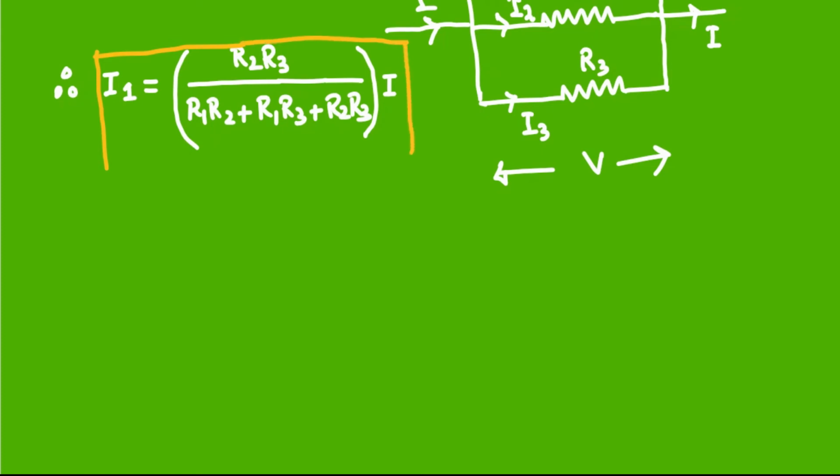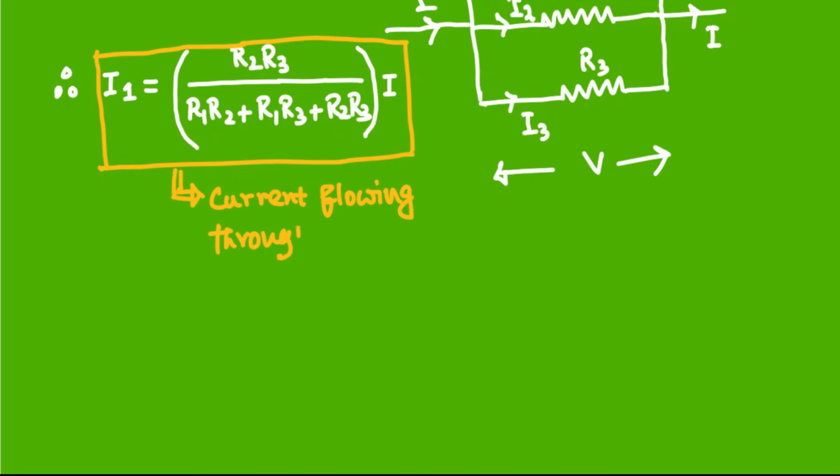This is the formula of I1 equals R2 R3 divided by R1 R2 plus R1 R3 plus R2 R3, bracket closed, into main current I. This is the current flowing through the resistance R1 in this parallel combination.